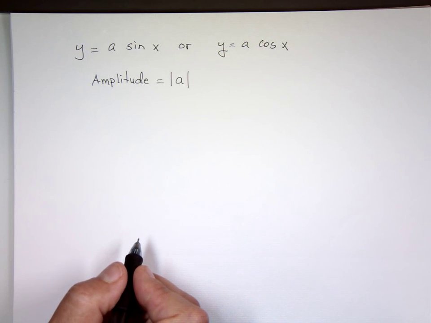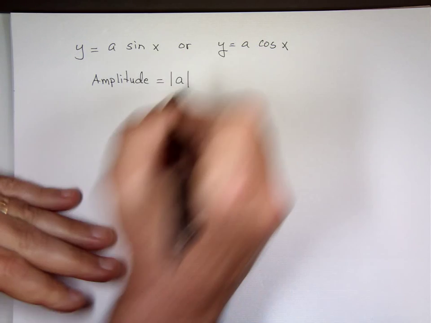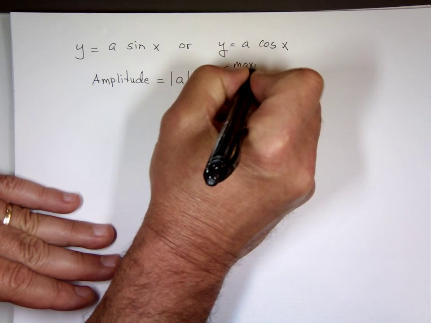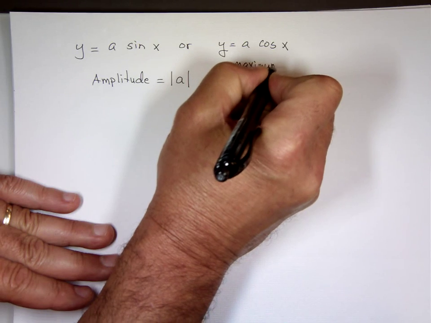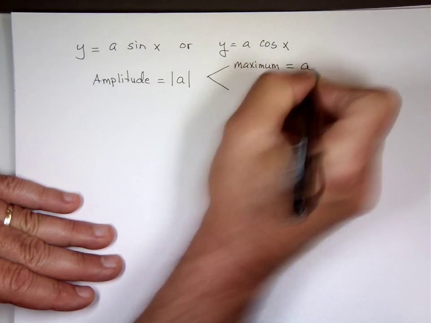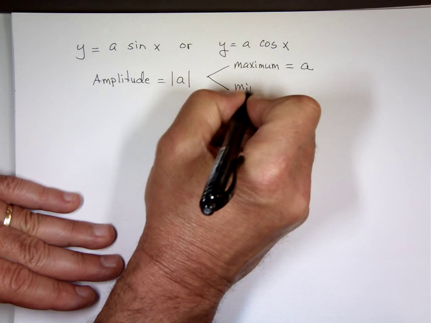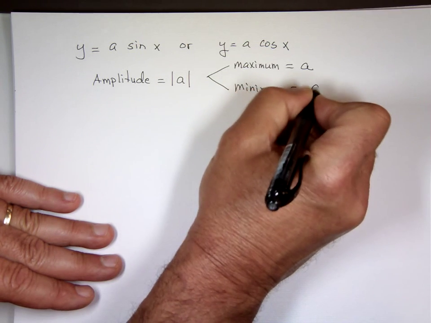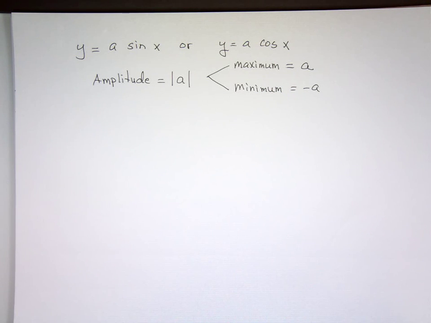What does that mean? That means your maximum value will equal a, and your minimum value will be what? It'll be negative a. You're stuck between a and minus a.